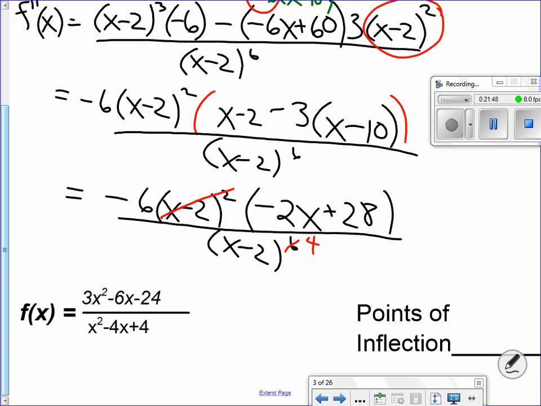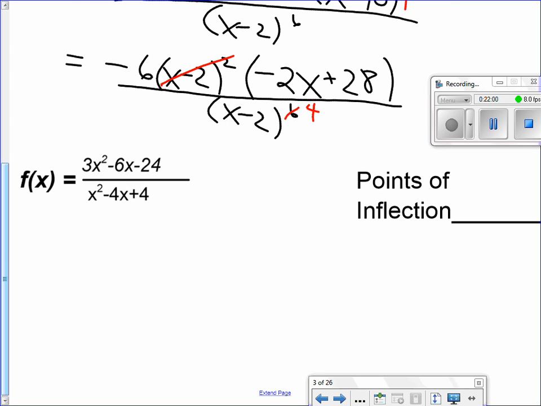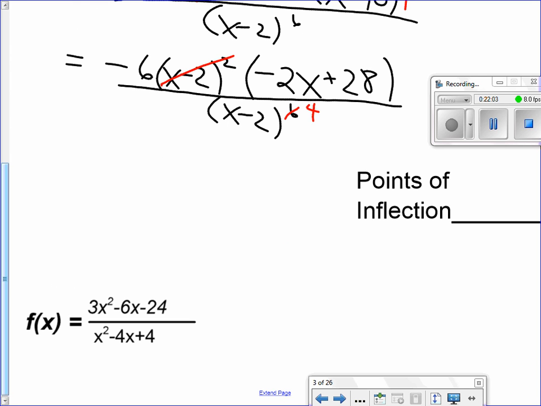Okay, so this is good enough. We're going to be able to get what we need now. Let's find out where our second derivative is 0 and where it's undefined. If I want to find where the second derivative equals 0, we set the numerator equal to 0.